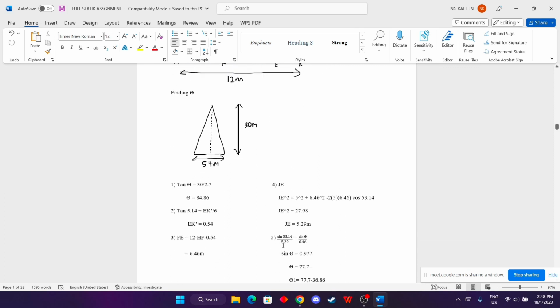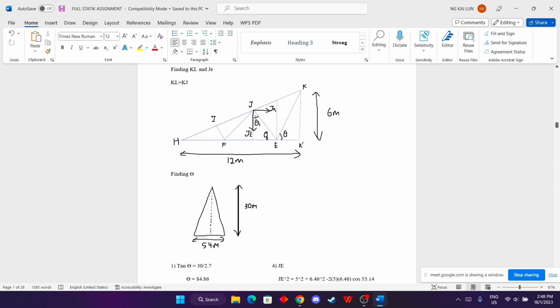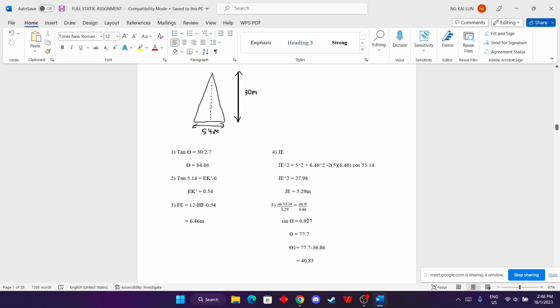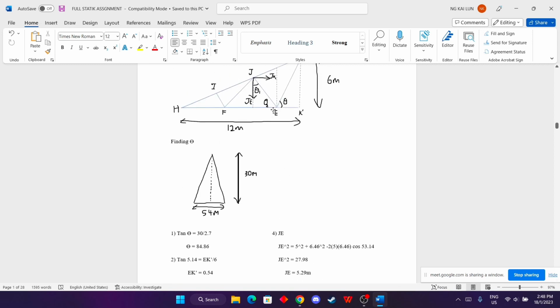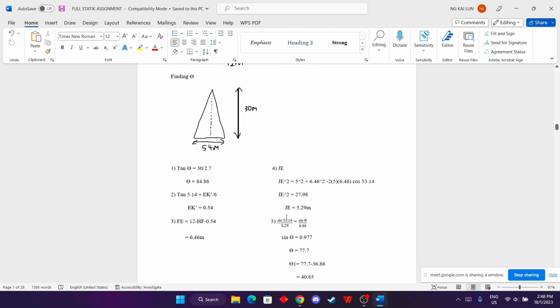And then for the next step, I find the theta. Theta 1 is the angle that I needed, which is here. Finding theta 1 will help us to find the resultant force. So we find theta 1. We find out theta is 77 degree.